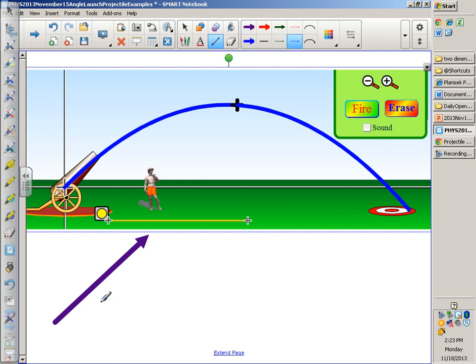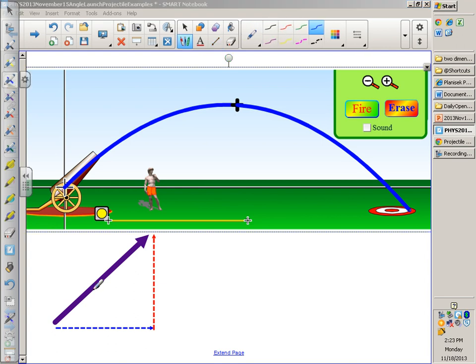It was moving both horizontally and vertically. On Friday, we worked backwards, and based on how far the projectile went and how long it took to get there, we back calculated and figured out the horizontal velocity, but also the initial vertical velocity. That's kind of what we did on Friday. Does that sound familiar?